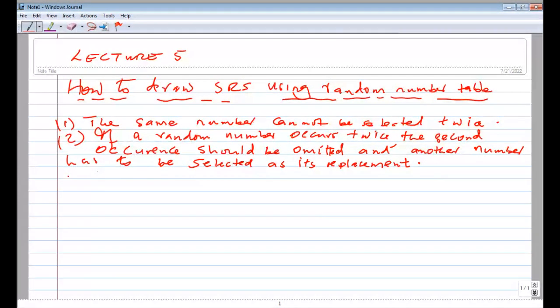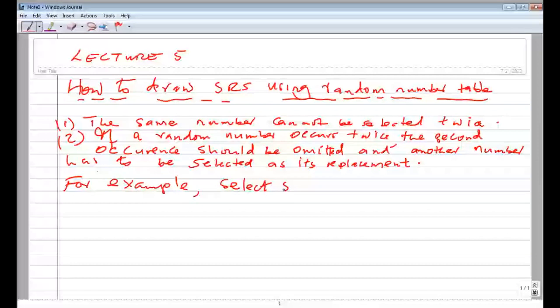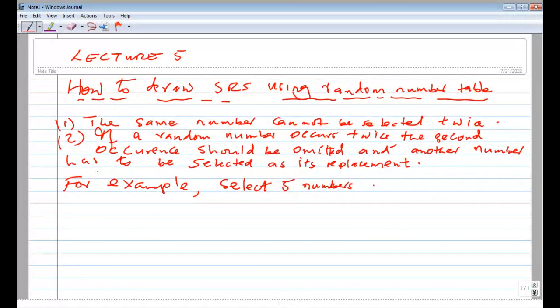Let's suppose we have to select 5 random numbers from 60.